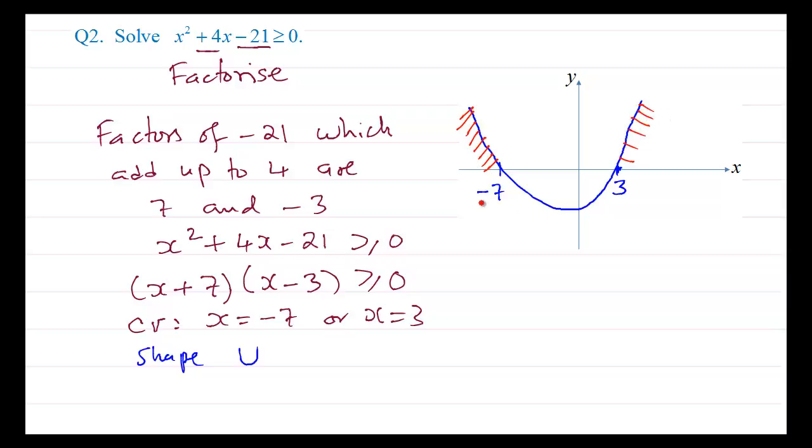Then the corresponding values of x are minus 7 or less, 3 or more. So the solution you write as two separate statements. x is less than or equal to minus 7, or x is greater than or equal to 3.